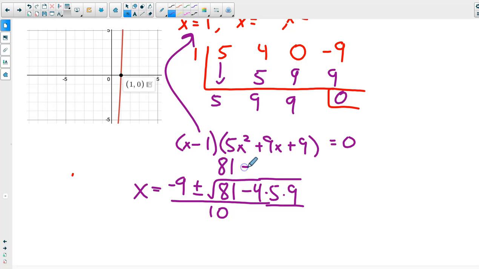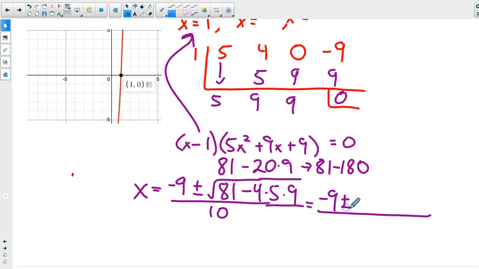I'm going to put 81 minus 20 times 9. What's 20 times 9? 180. So I'm going to put 81 minus 180, and then I'm going to put my equals here. I'm going to have -9 plus or minus square root of something over 10. What's 81 minus 180? -99.